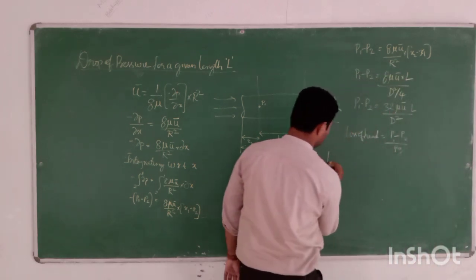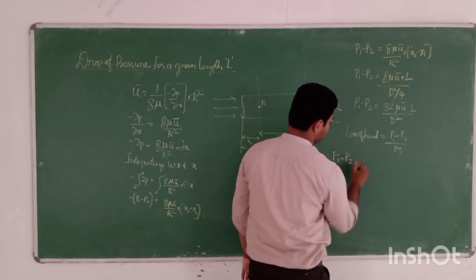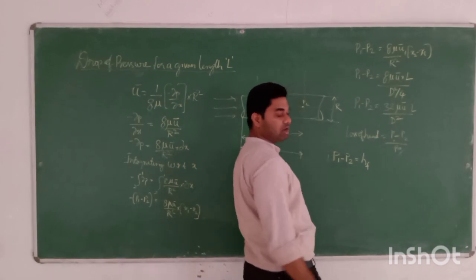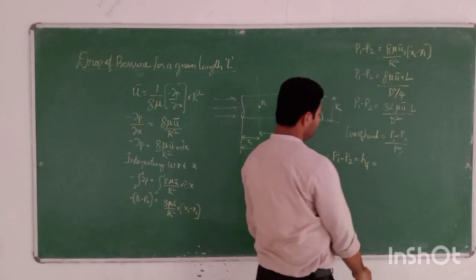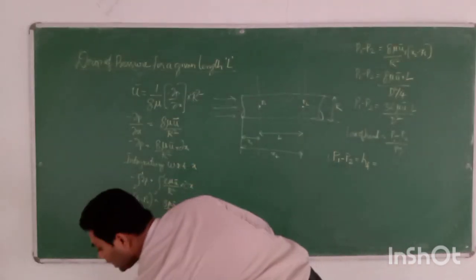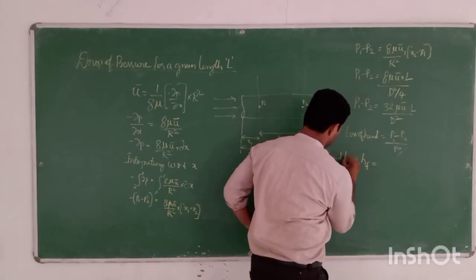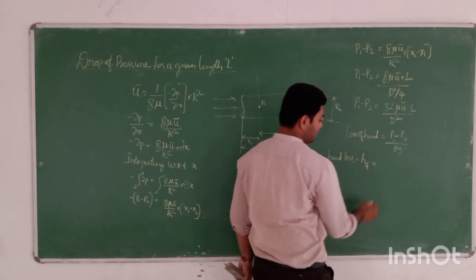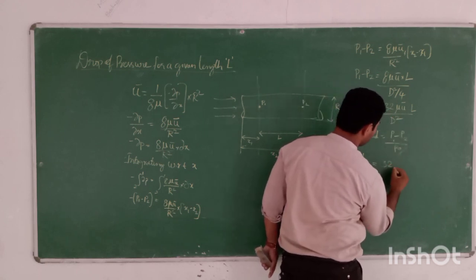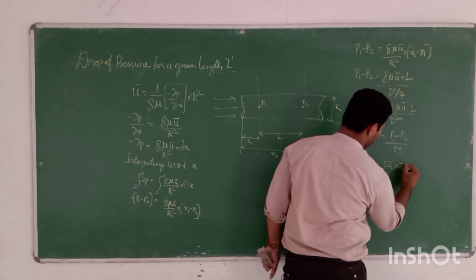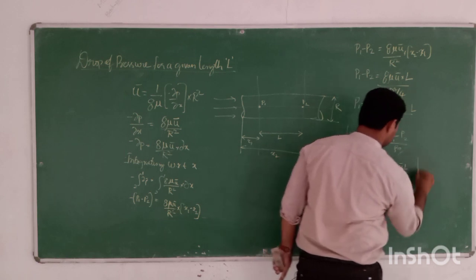We denote loss of head by HF. Head loss HF equals P1 minus P2 by rho g, which is 32 mu u bar L by rho g d square.